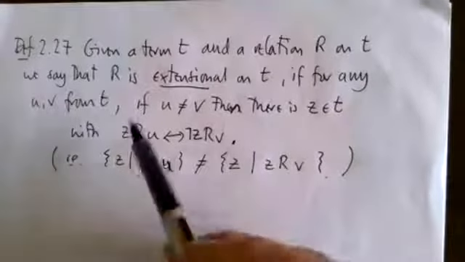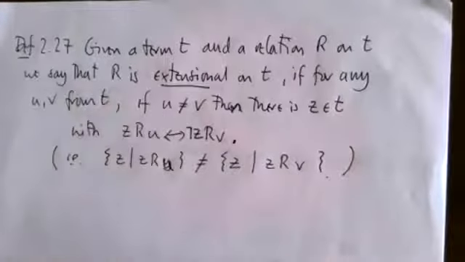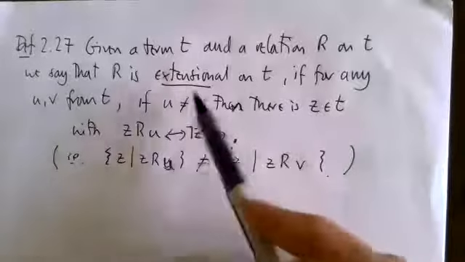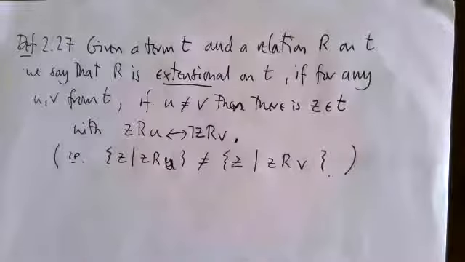So this is saying that R has this extensionality property that epsilon does on transitive sets, right?